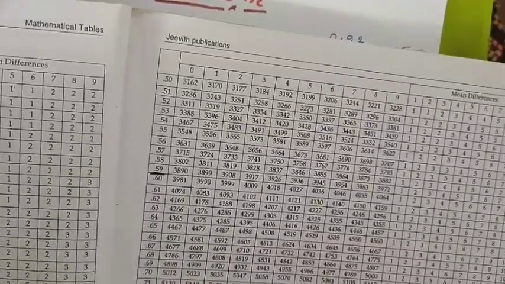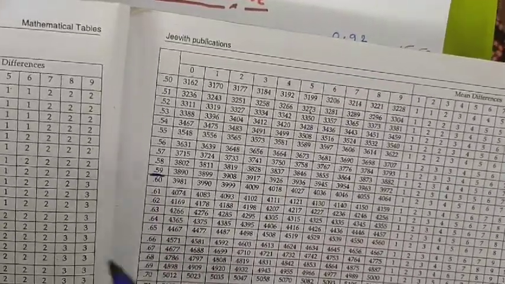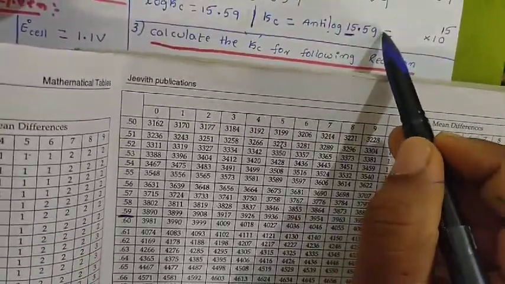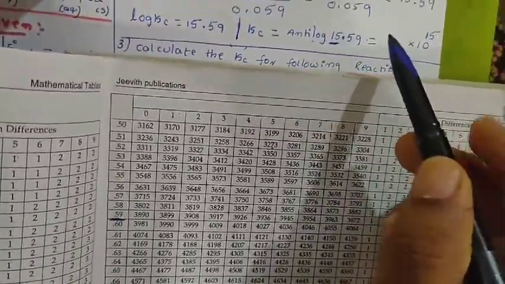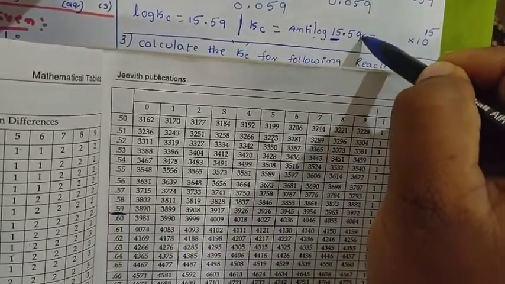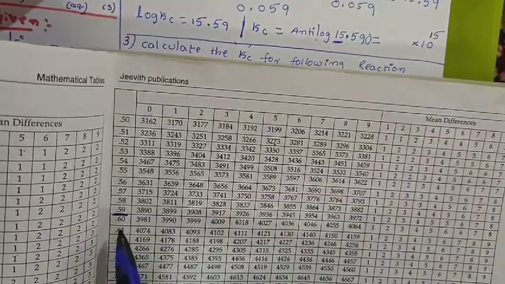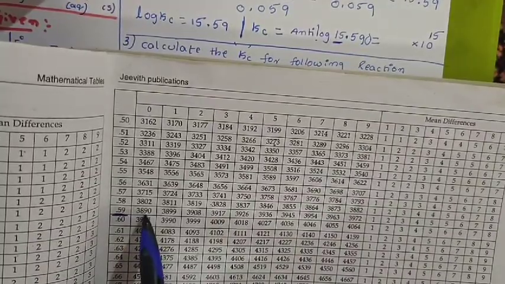This is the point 59. Clear? Point 59. Again, what is the digit here? Nothing is there, which means a 0 is there. That's why for 59 we have to look at the 0.